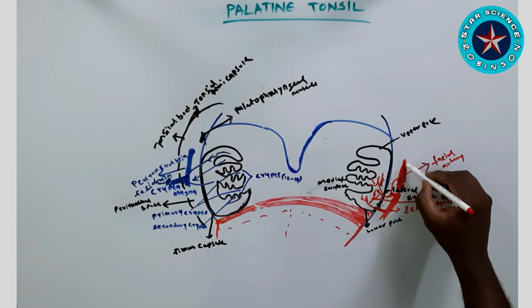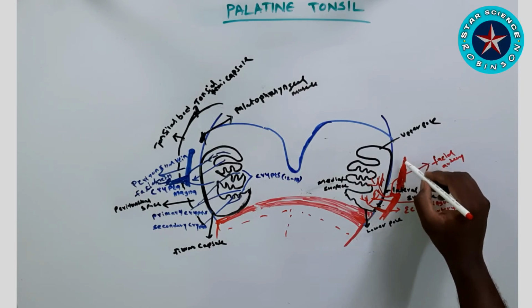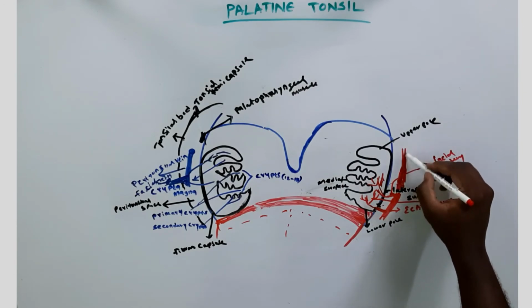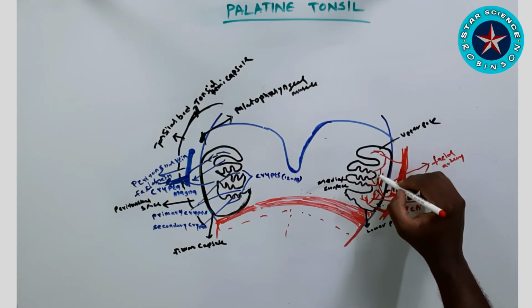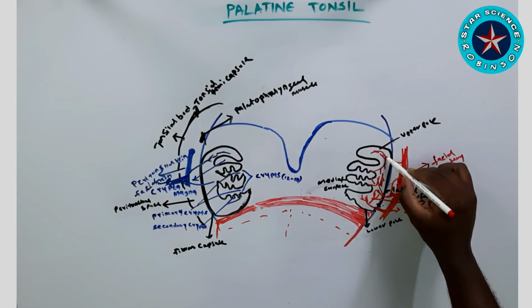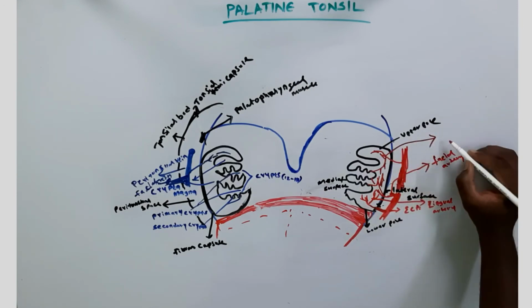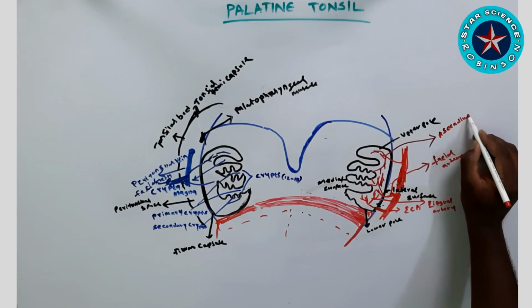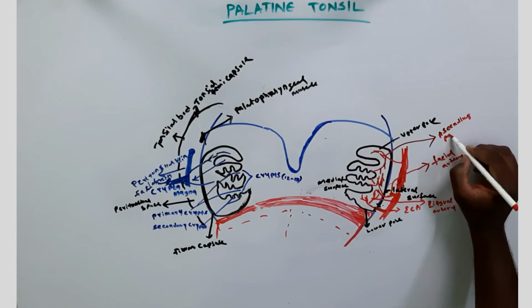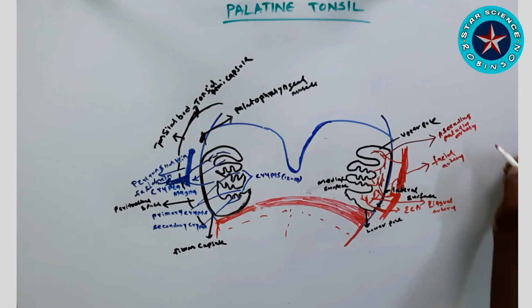So you have another branch from the external carotid artery, which is called the ascending palatine artery. From this ascending palatine artery you will have a branch into your palatine tonsils.